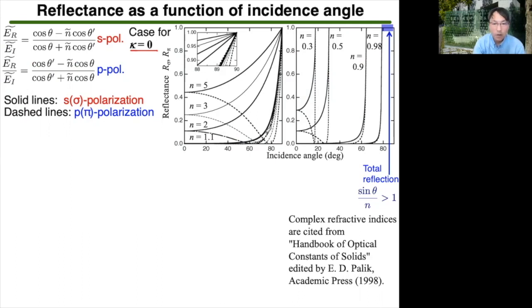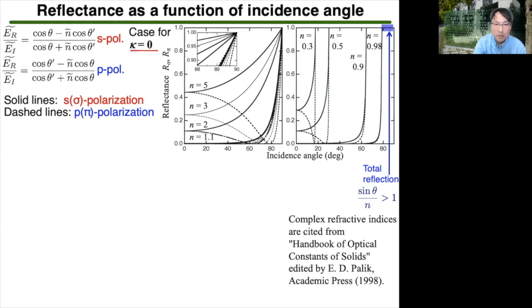As I said before, the reflectance increases monotonically with the incident angle theta for the S polarization. On the other hand, for the P polarization, the reflectance decreases up to the Brewster angle, defined as arctangent n.